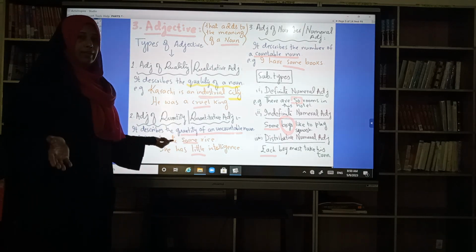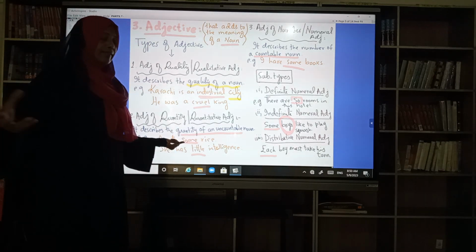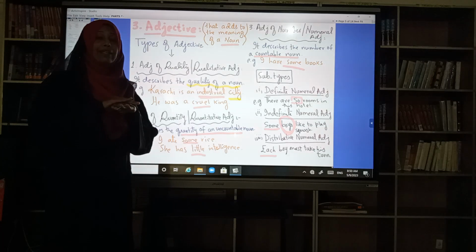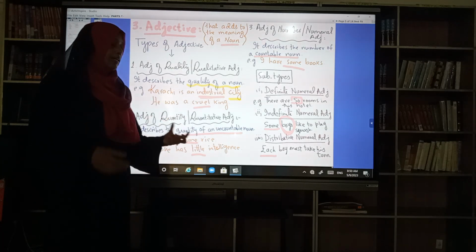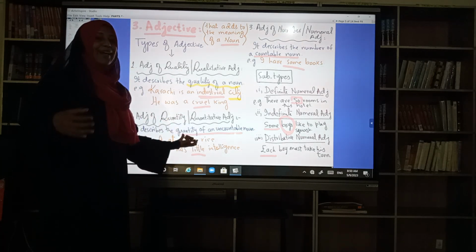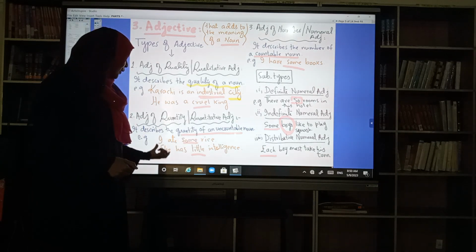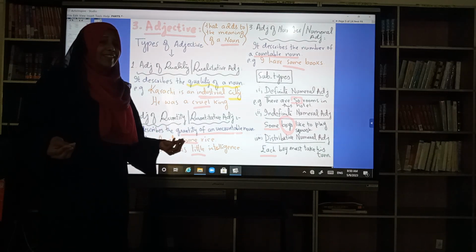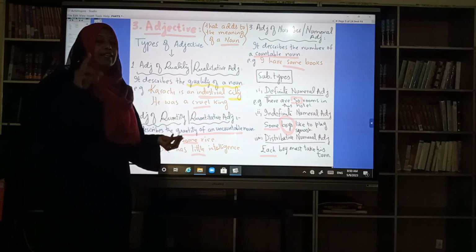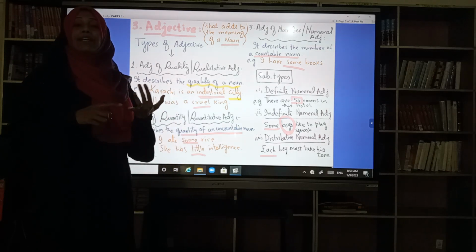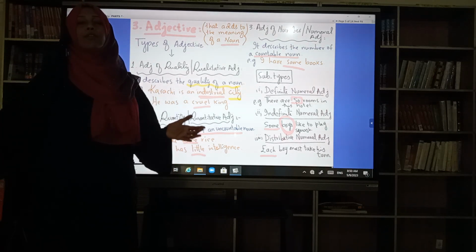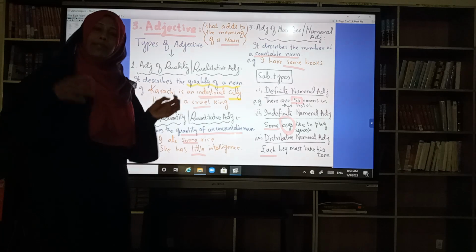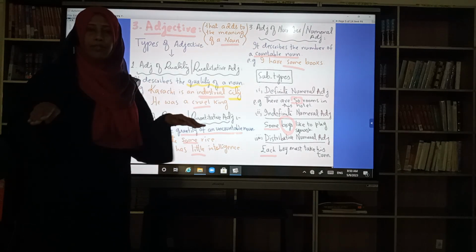Okay, now the example is, I ate some rice. Now the rice exactly cannot be counted, that's why some will be called adjective of quantity. Okay, now in the second example, she has little intelligence. Let me tell you something important, that a little has a positive meaning, but little is almost like nothing.